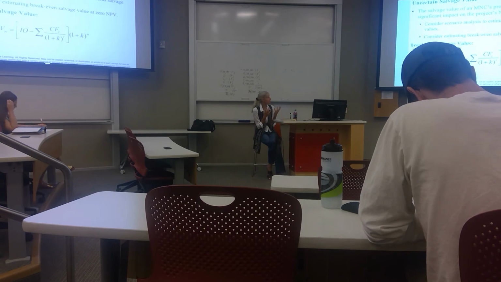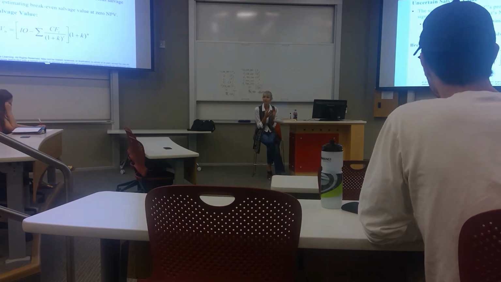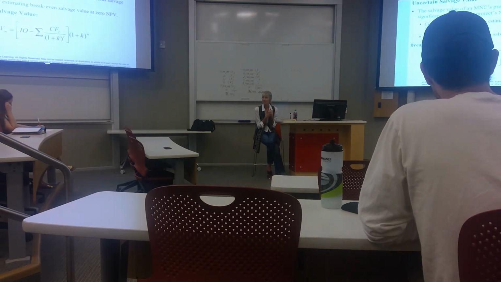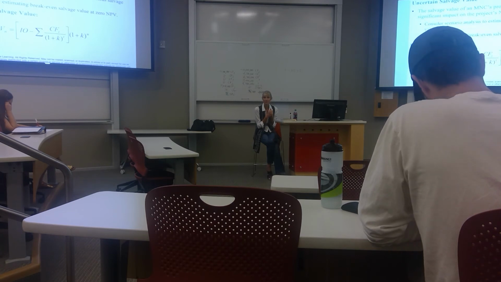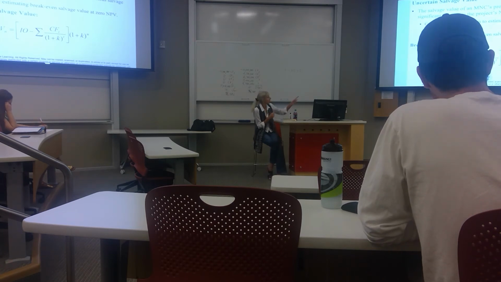So that number is probably a negative number that I need to recover from my salvage value in order for this project to be acceptable. The last step is I multiply it by 1 plus my required rate of return.